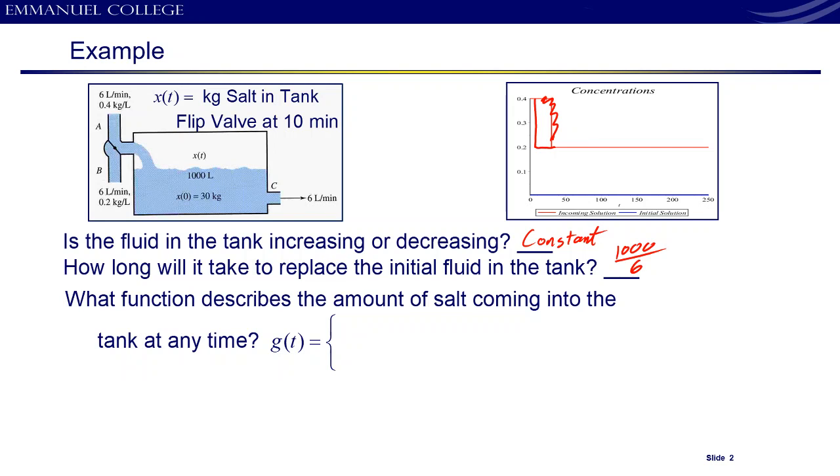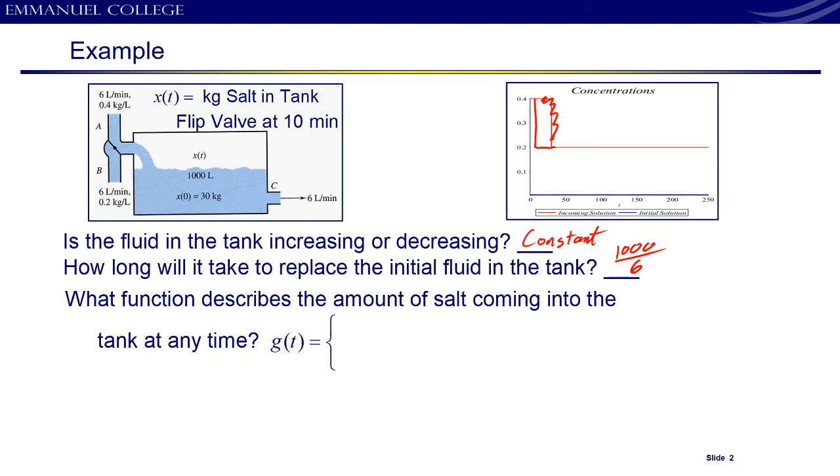So let's say we need to come up with a function that describes the amount of salt coming into the tank at any time. One thing to take into account is we have 6 liters per minute and we're dumping 0.4 kilograms per liter.